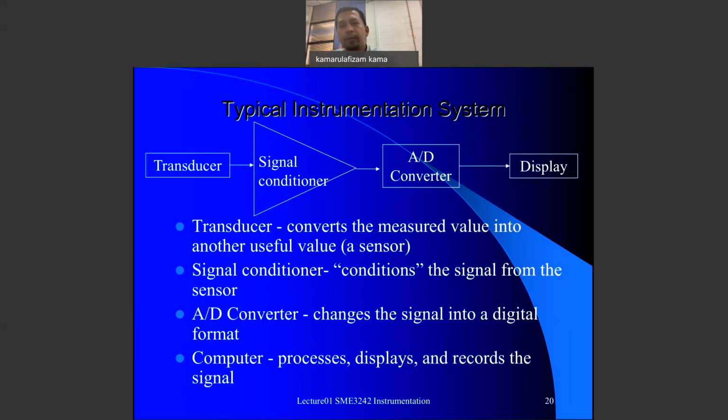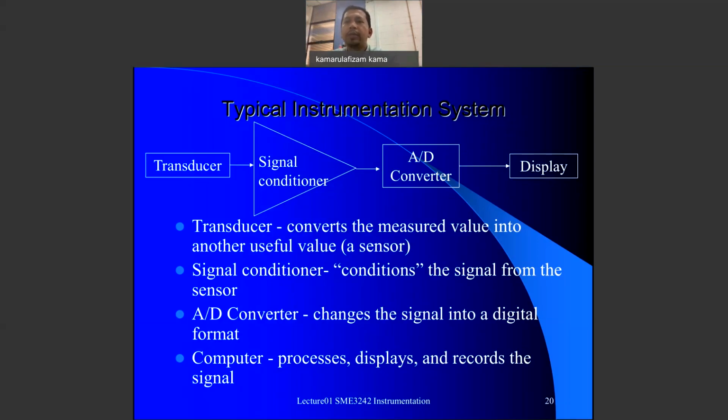And after that, the value is fed into a signal conditioner. The value may be too small. The value may be too big. The value that came out from a transducer may be in different formats.